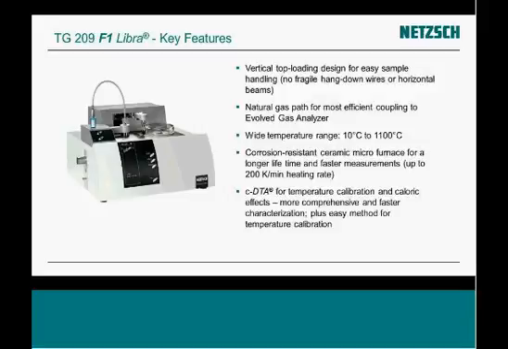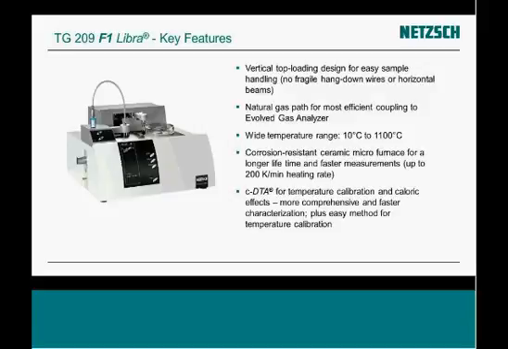Here I show you the TG-FTIR Libero's key features. As I mentioned before, we use a vertical top-loading design for easy sample handling, and also provide natural gas flow upward. And we have a wide temperature range, from 10 degrees to 1100.